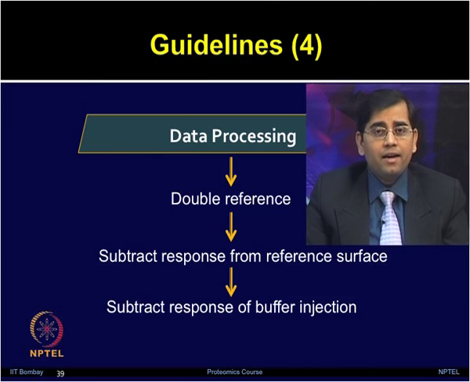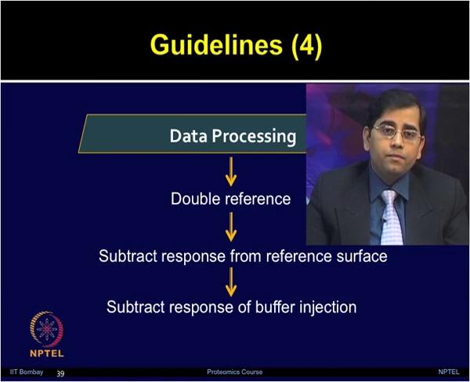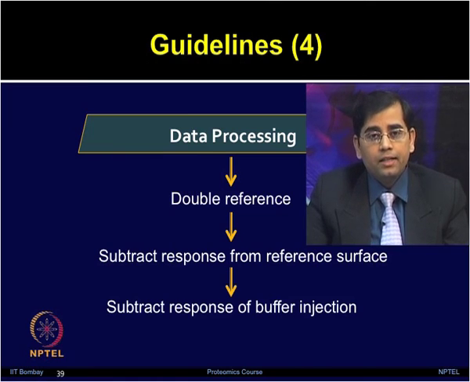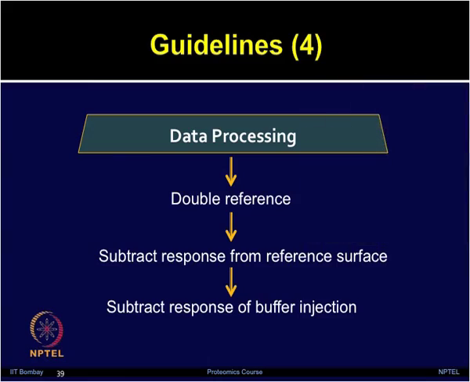Subtract the response from the reference surface and subtract the response of buffer injection. Subtracting the reference surface data from the reaction surface can reduce the issues which are related to the refractive index changes. The double referencing is the blank injection response, which is used to remove such artifacts.